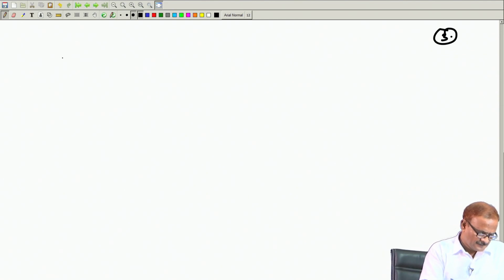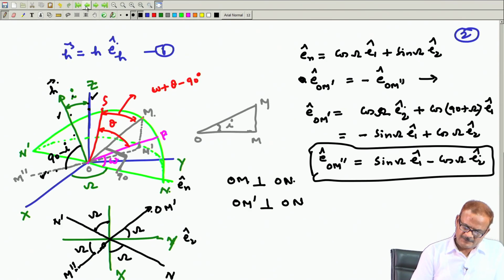So, already we have written U O m this. So, we have E h. What I was telling that this can be broken along this direction, or either we can calculate unit vector along this direction, which is E h cap.